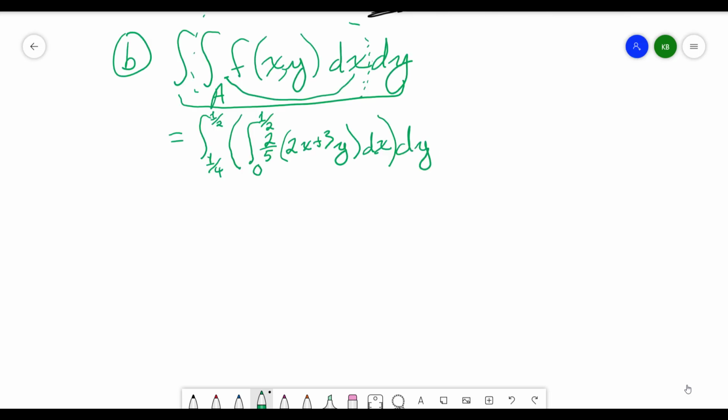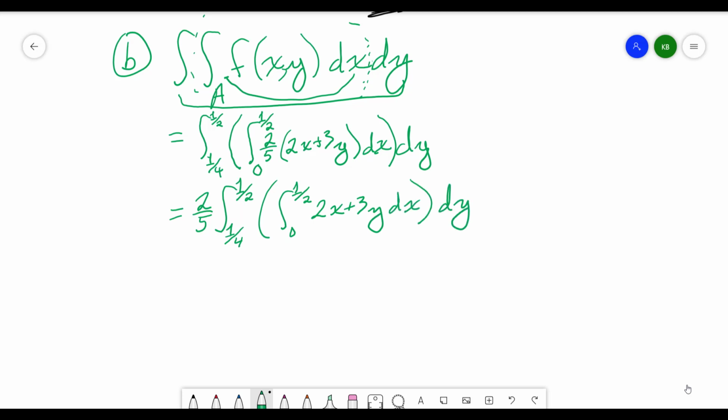So again, my constant can come out front of all of the integrals, so I'll have a 2/5 times the integral from 1/4 to 1/2, and I'm going to start taking care of the stuff in the parentheses. So I'll have a parentheses integral from 0 to 1/2 of 2x plus 3y dx, and a dy outside of the parentheses.